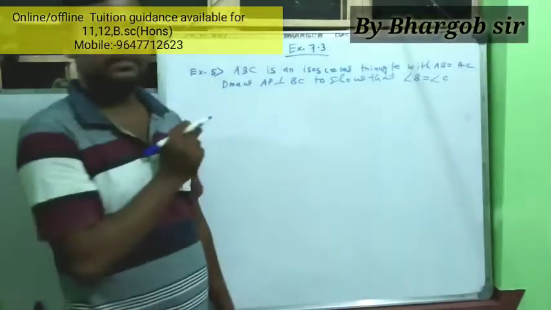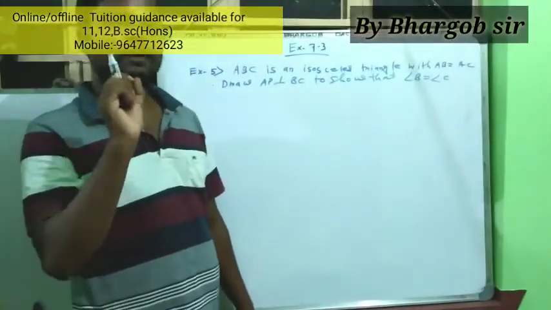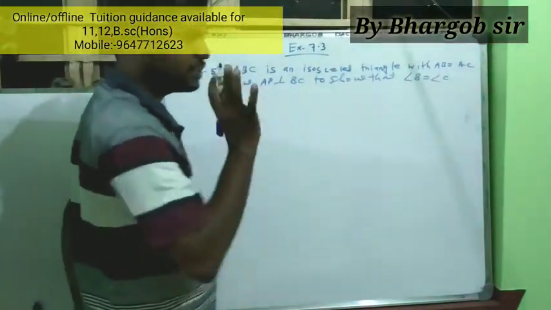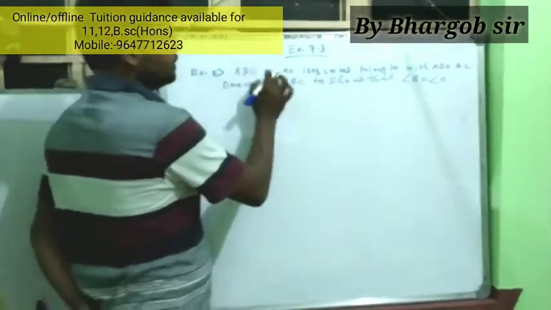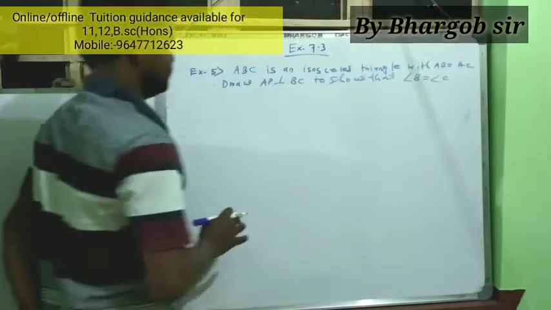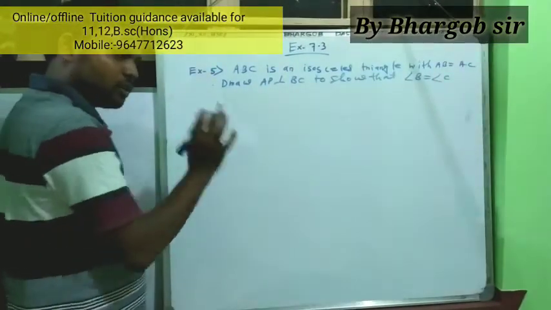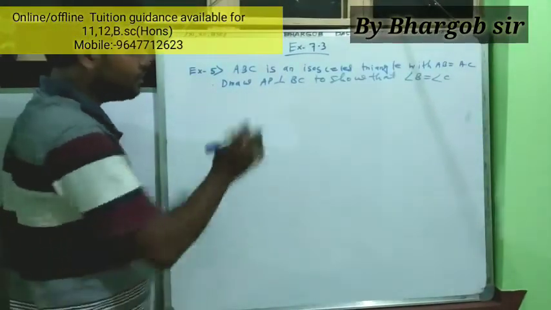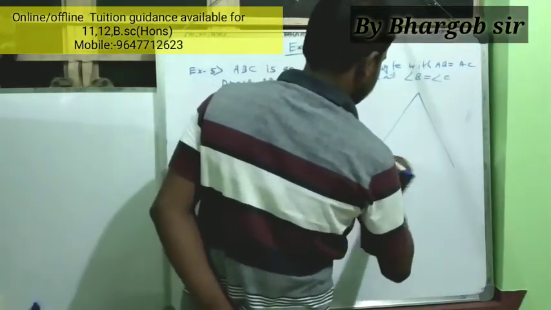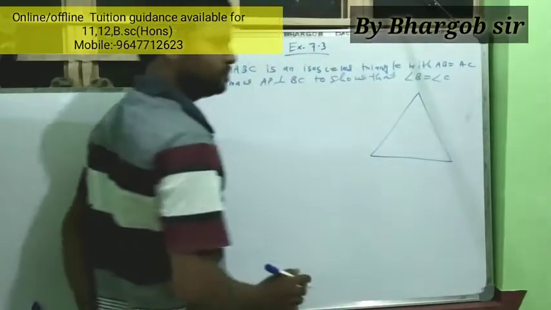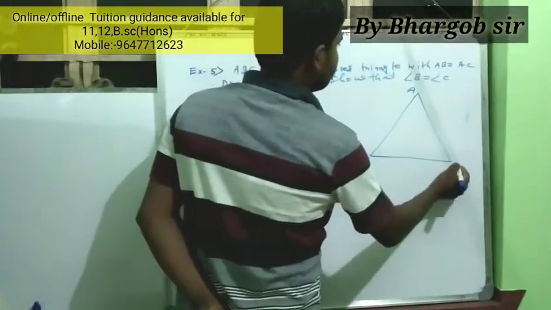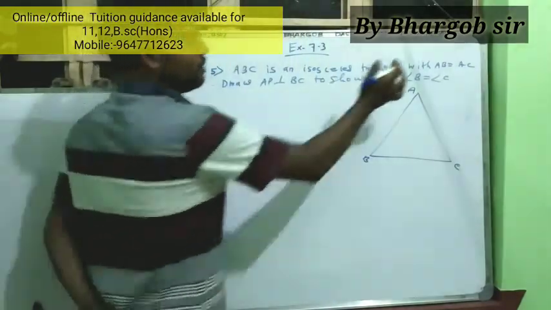This is number 5 and the last math of exercise 7.3. What is the matter of this math? ABC is an isosceles triangle with AB equal to AC. So at first we draw the picture. ABC is an isosceles triangle with AB equal to AC.